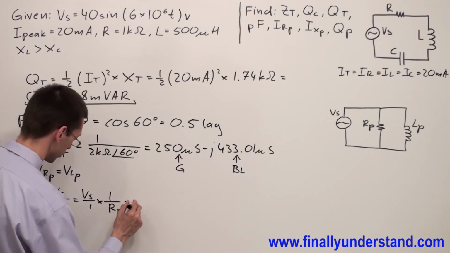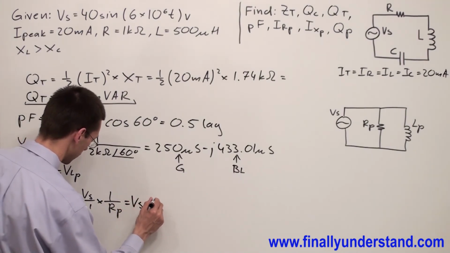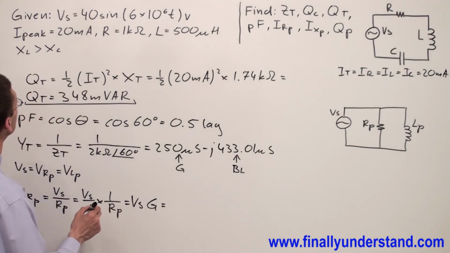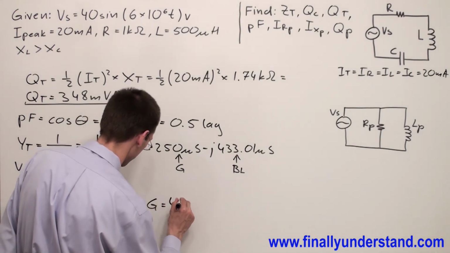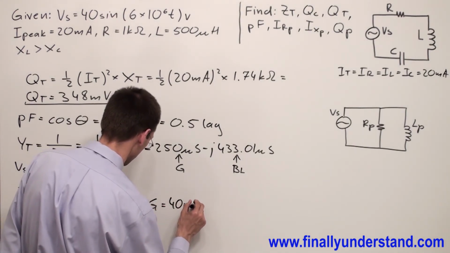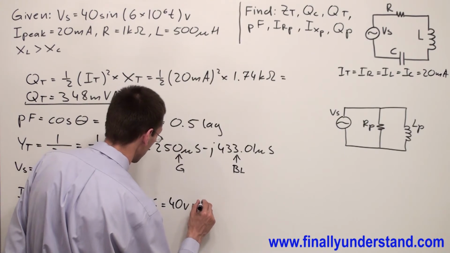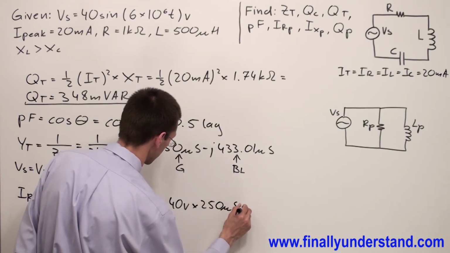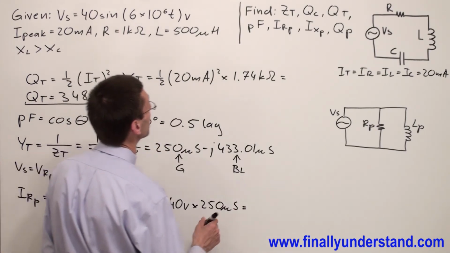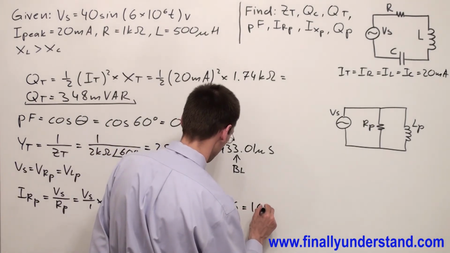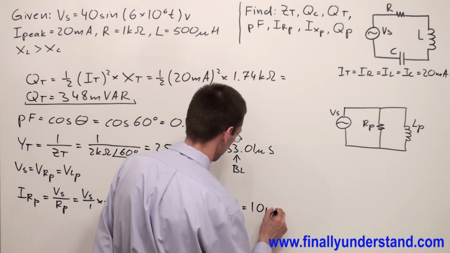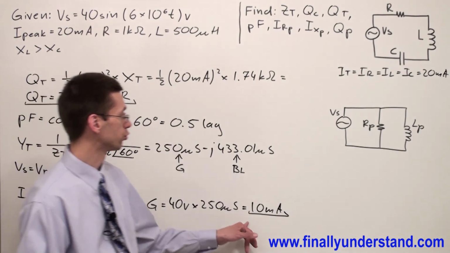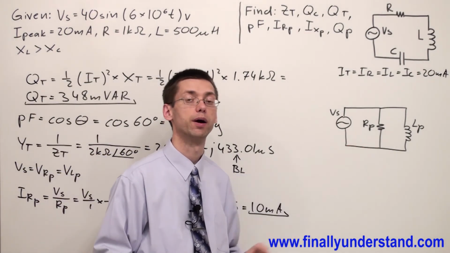So this is equal to voltage source times conductance. The voltage source is equal to 40 volts times the conductance, which is equal to 250 microsiemens. This is equal to 10 milliamps. Okay, so this is the current which goes through the resistor in my parallel equivalent circuit.